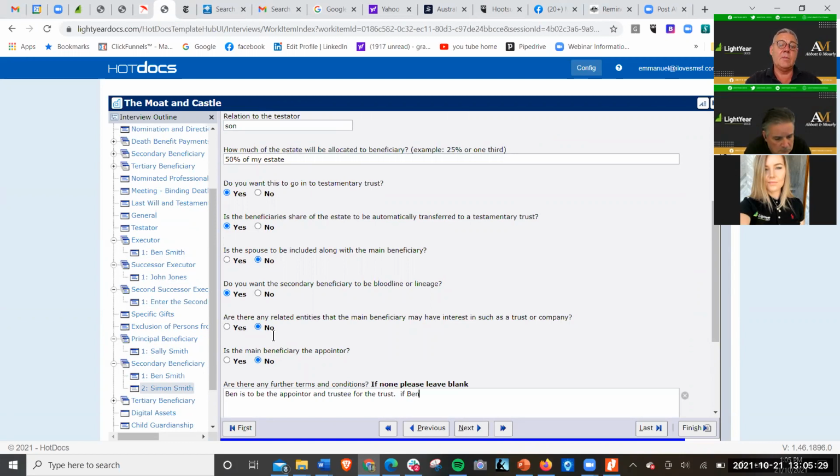If Ben is not around, then the executor is to be appointor and trustee, but must always hold the estate over the trust.